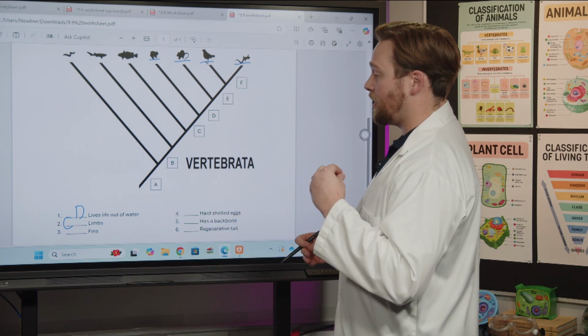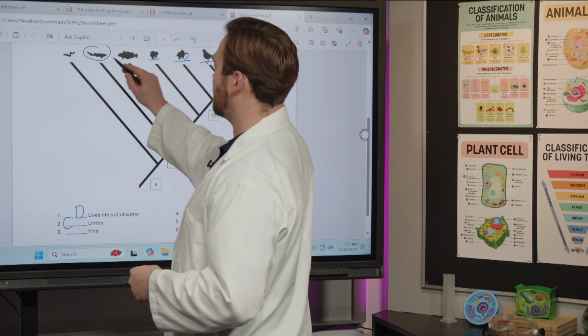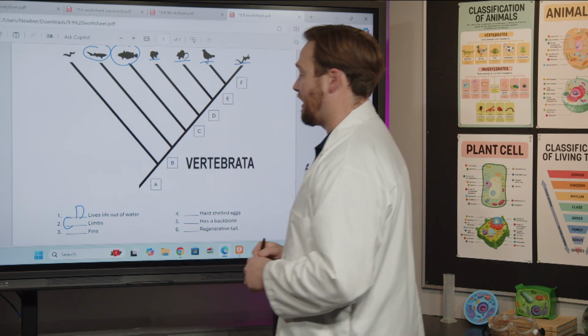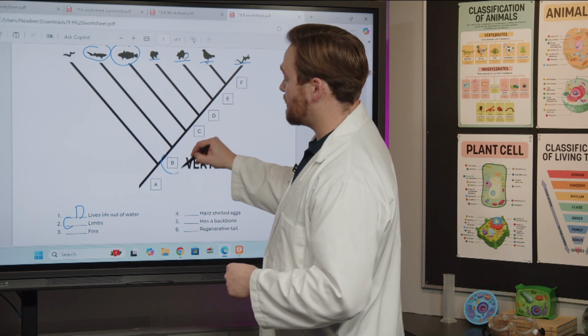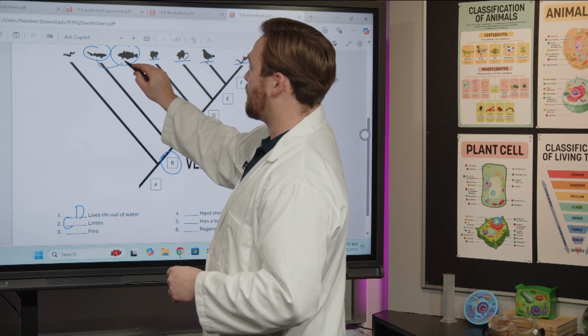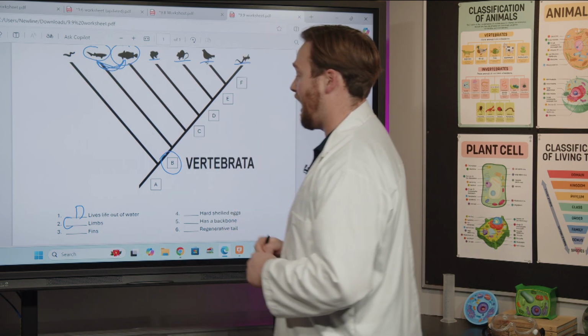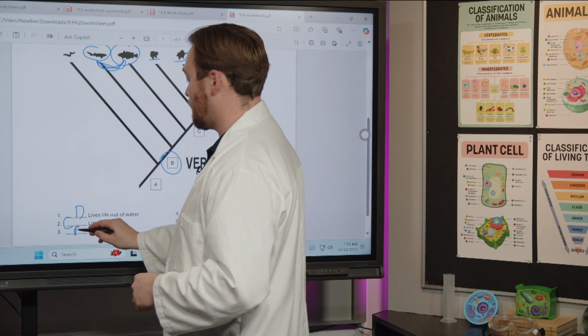All right, the next one, 3, says fins. So where do we see fins here? Well, this one looks like it has fins, and this one looks like it has fins. So that means B is going to be our best answer choice because the fins have popped up here, these two have it, and then this one on the left does not have fins. So we'll put B right there.